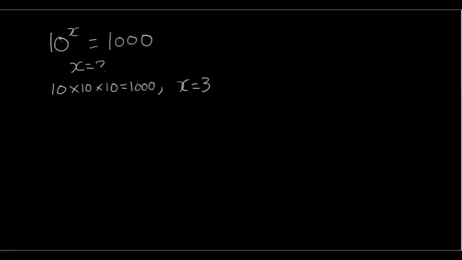That's pretty simple, but we want to try and use our log button to solve that. So rewriting this equation using the log format, if you remember the rule I just taught you, we can rewrite this as log base 10 of 1,000 equals x.